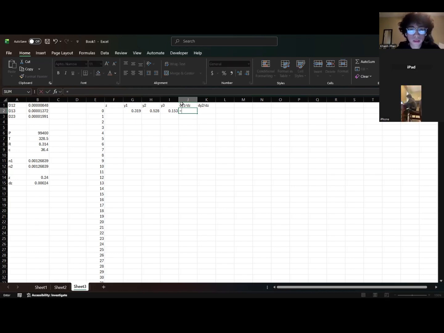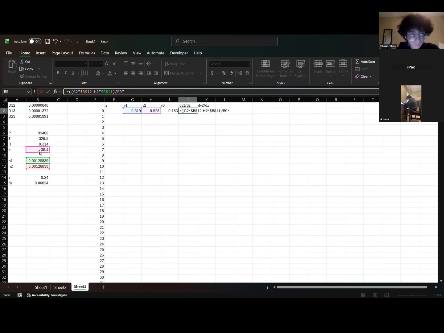So we would have it equal to Y1 times N2, and I'm going to add the dollar sign to lock it, minus Y2 times N1, divided by total concentration times the diffusion coefficient of 1 and 2.